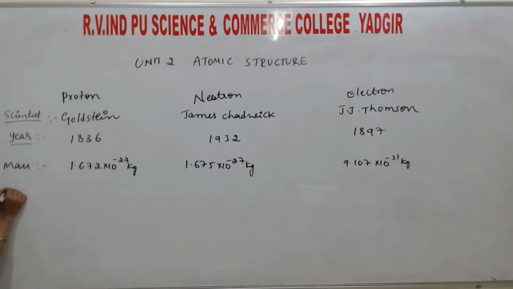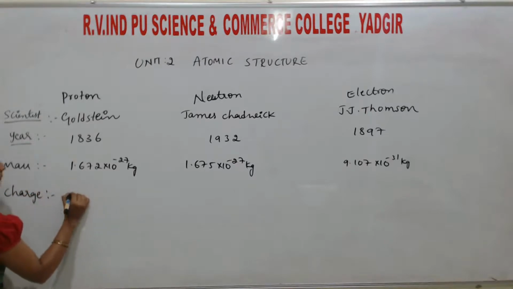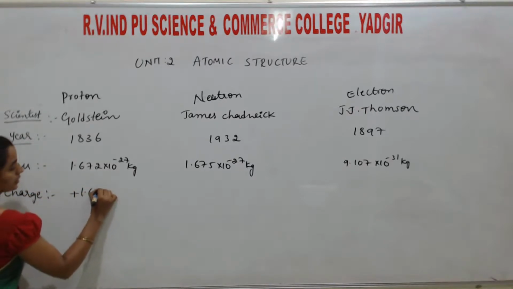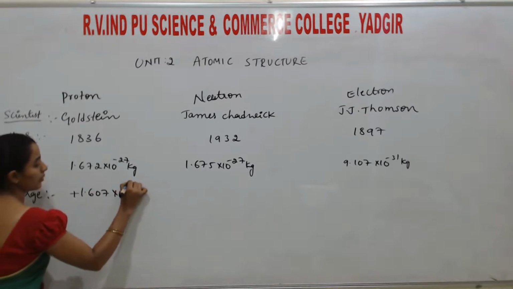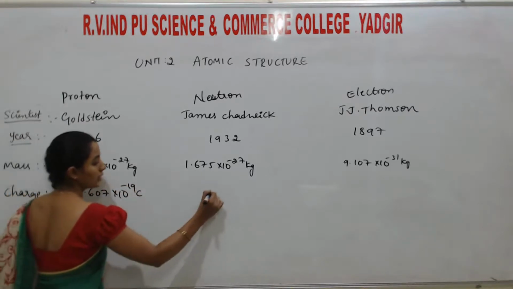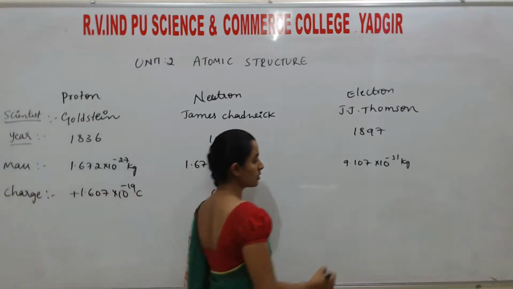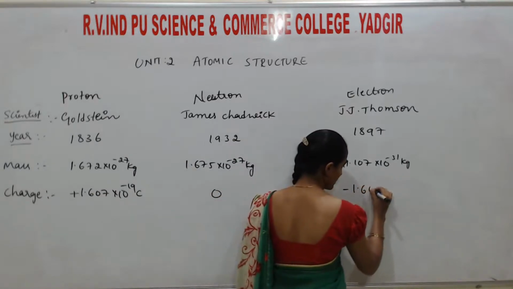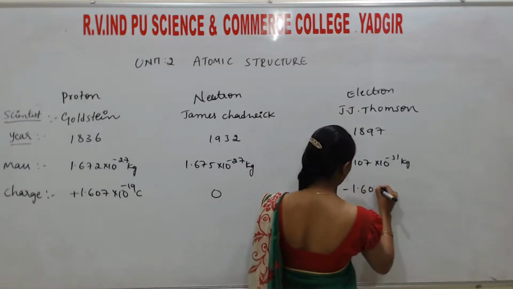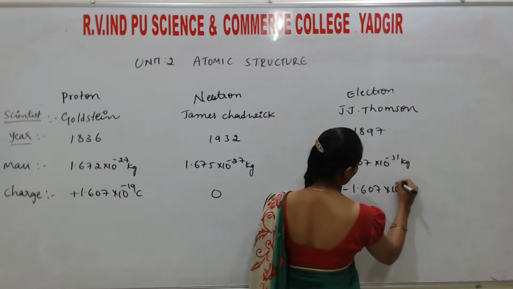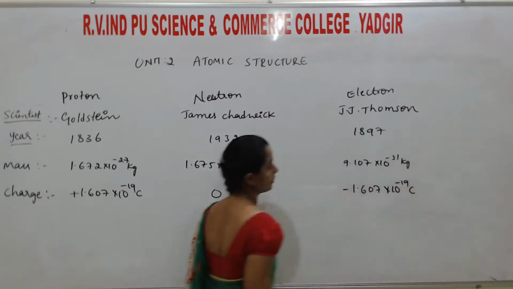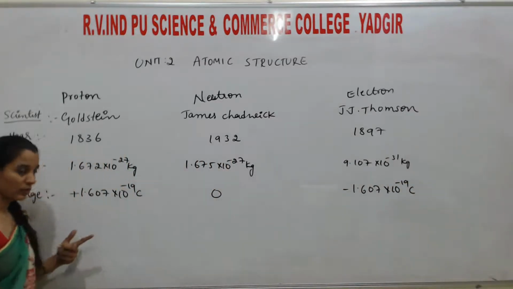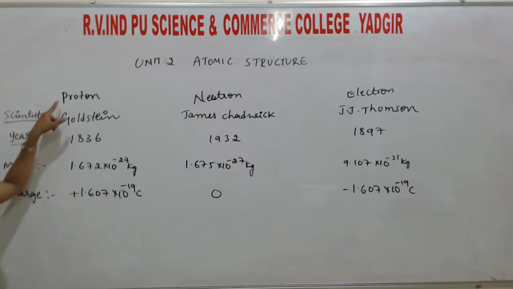Okay. Next, consider the charge. This is plus 1.607 into 10 to the power of minus 19 coulomb. This is zero charge. This is minus 1.607 into 10 to the power of minus 19 coulomb. So protons and electrons have the same magnitude of charge, but proton is positive charge, electron is negative charge.